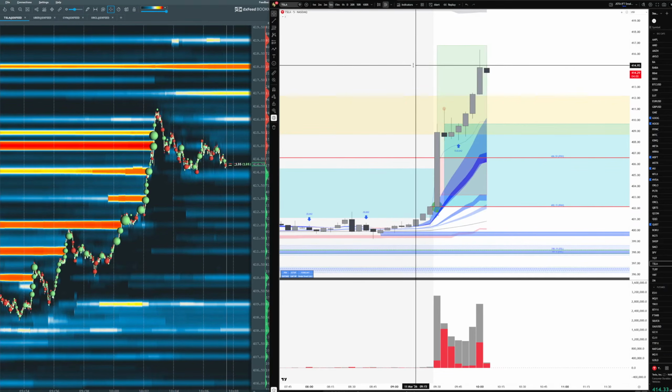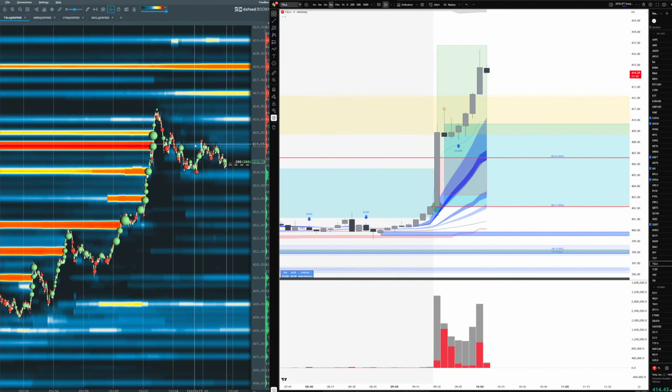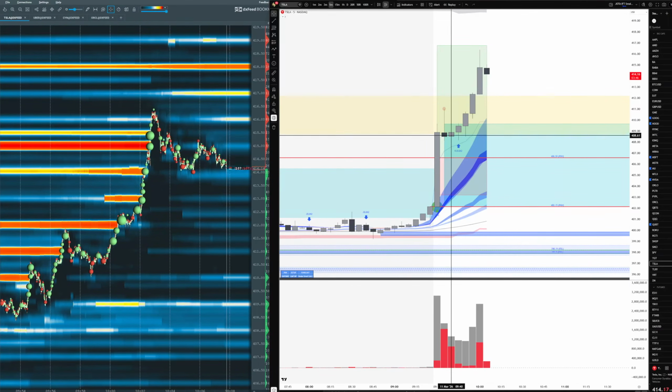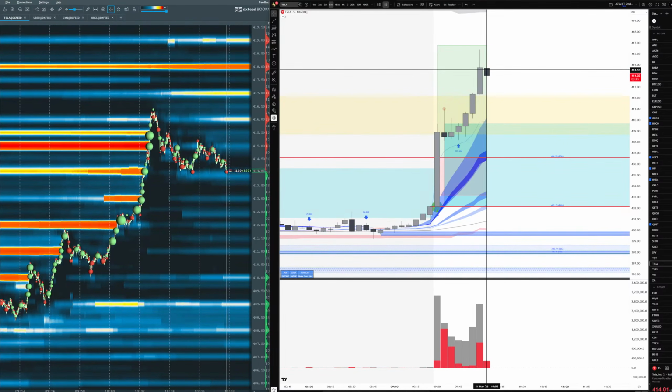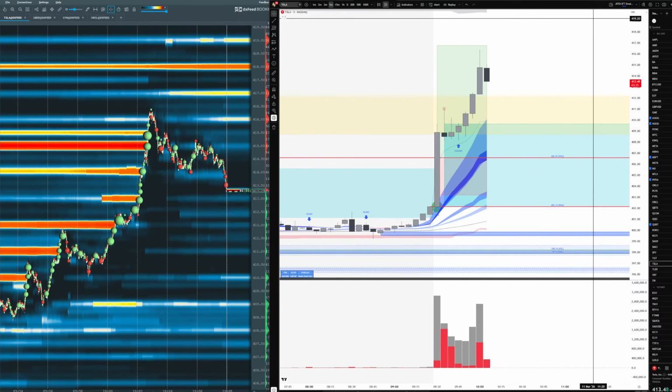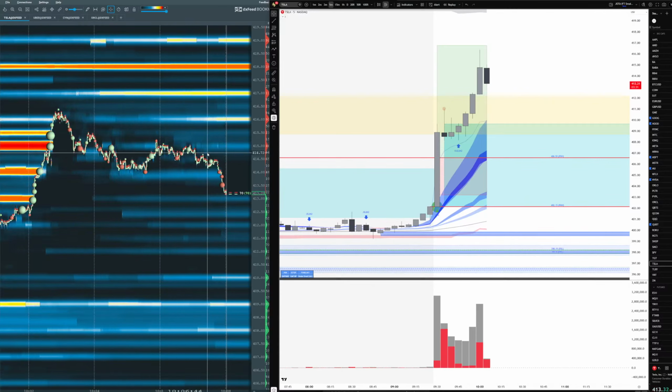Nice move over here. Nice move. Careful team on 415. If we cannot reclaim this, it can fail back down. And there we go. Fail 415. You can see a lower high into this, fail down.